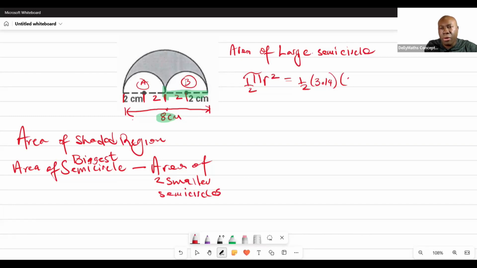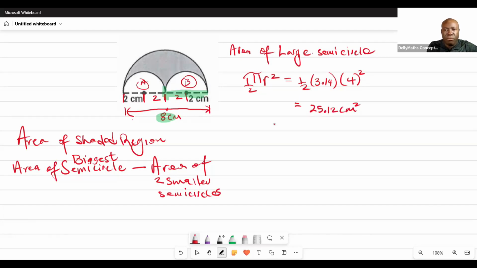So the radius is 4, and we square that. So let's put that together. All right, so we have a half times 3.14 times 4 times 4. And that's going to give us about 25.12. And the unit is cm, so centimeter square.